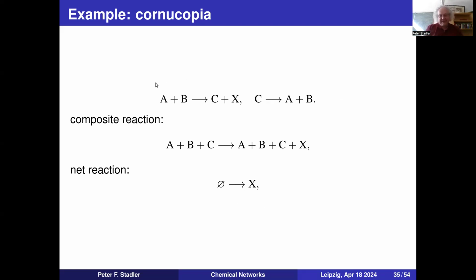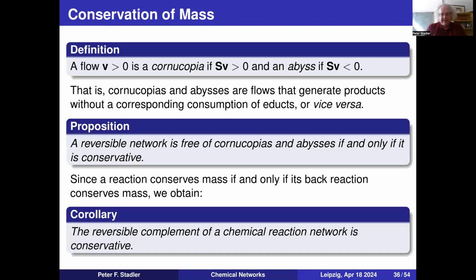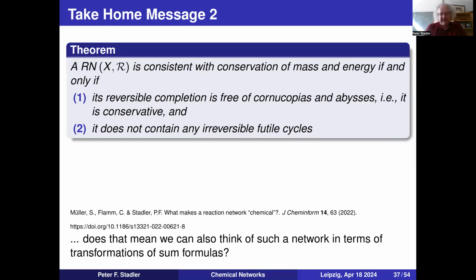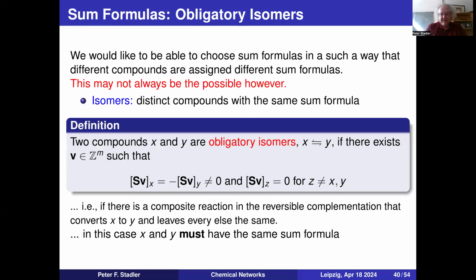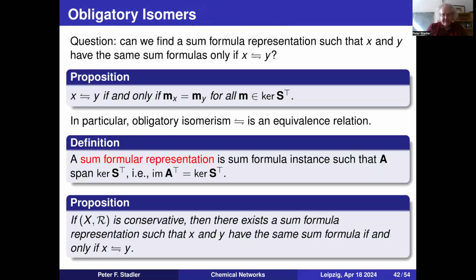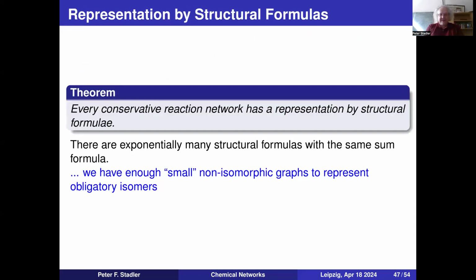So this thing written up here cannot be a legal chemical reaction network. The same thing you can do with the question of energy. Whenever you have a cycle of only forward reactions, that will generate energy out of nothing, and that also should not happen.